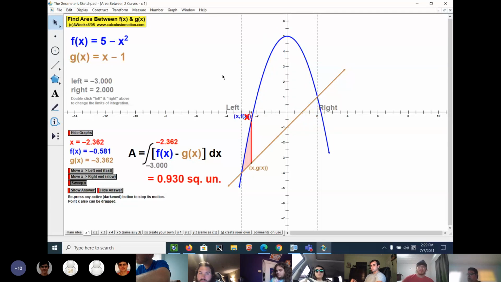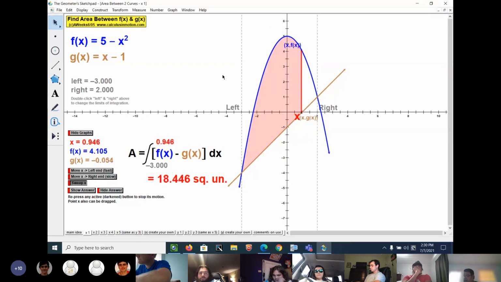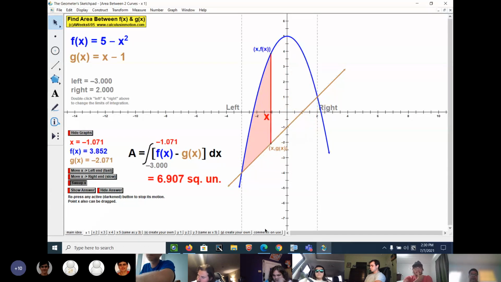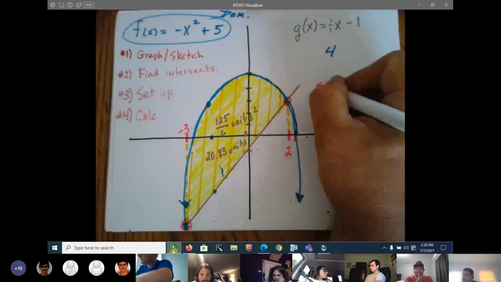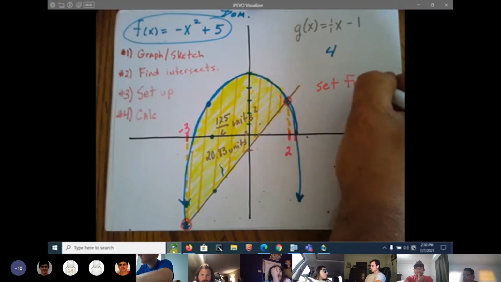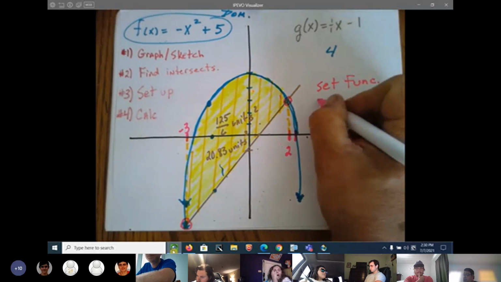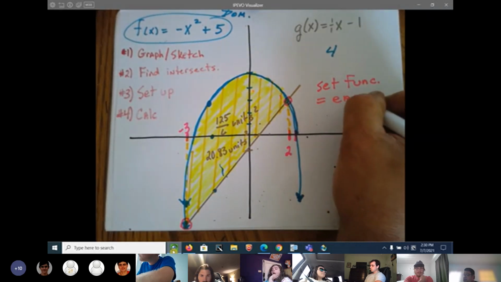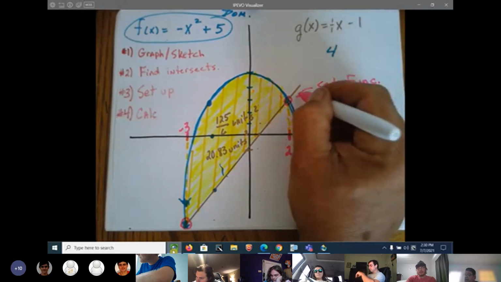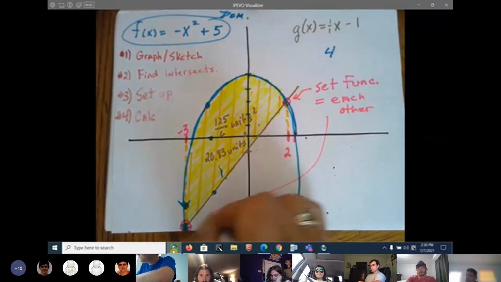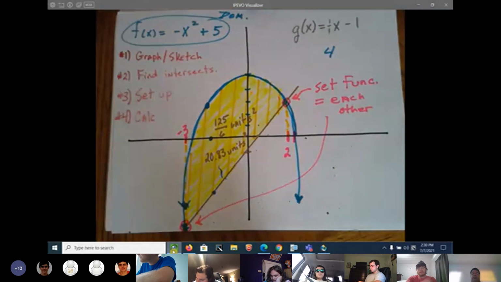Okay, so I'm going to have to set functions equal to each other to find these two points. Set functions equal to each other. And that's how you find your intersection points.